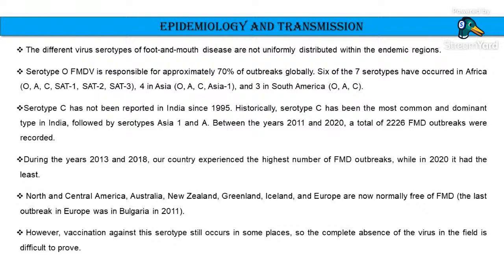If a large number of animals are affected, not all outbreaks are recorded by the government. So complete absence of any serotype is not possible to prove, and it's difficult to say whether serotype C or serotype O is present or absent in field conditions.